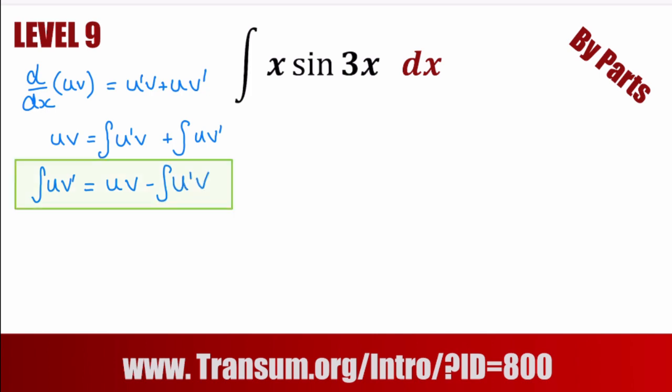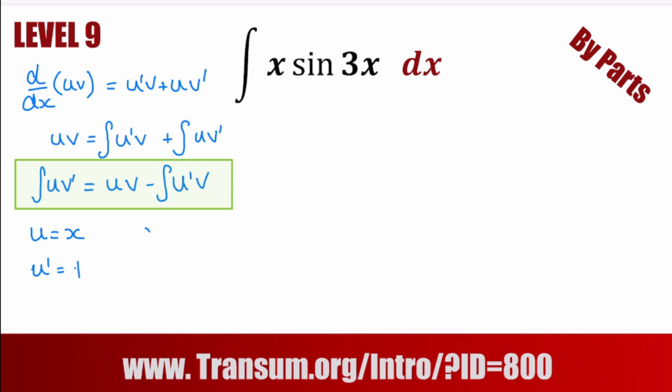So let's see, in this expression here, I'm going to let u be my x. So I'm going to write that down. u is equal to x. That is the first part of the expression that I'm integrating. And if so, well, u dashed, if I differentiate that, I just get 1.